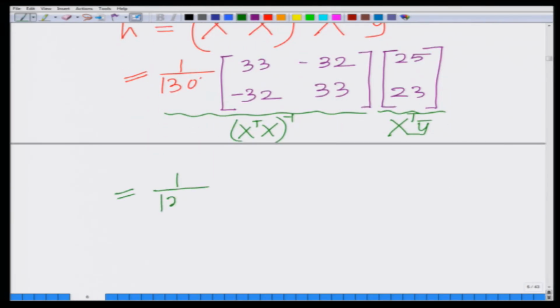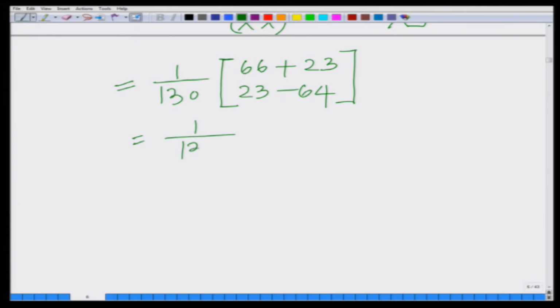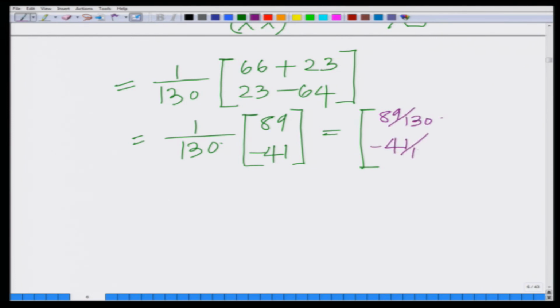This I can show is basically 1 over 130 times (66 plus 23), 23 minus 64. I am simplifying your estimate of the channel vector: 1 over 130 times [89, -41], which is basically 89 by 130 and minus 41 by 130, and this is your h hat.